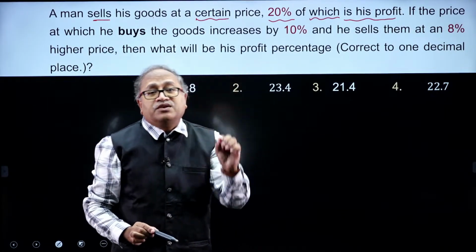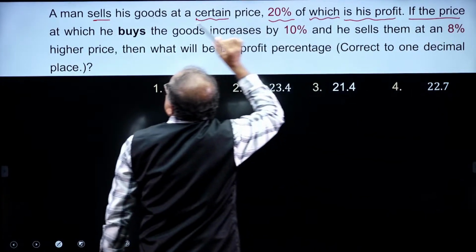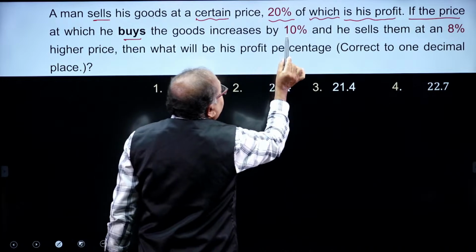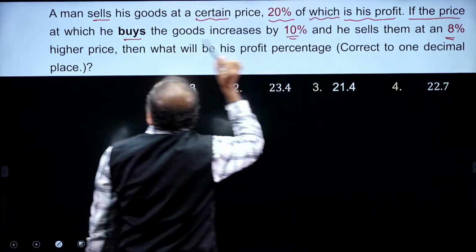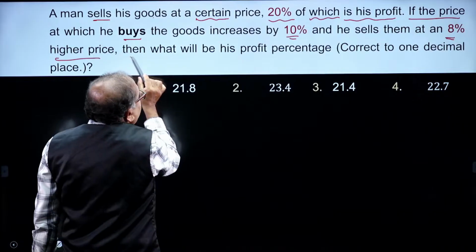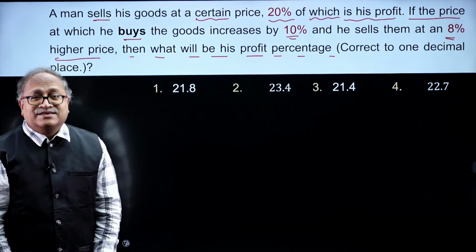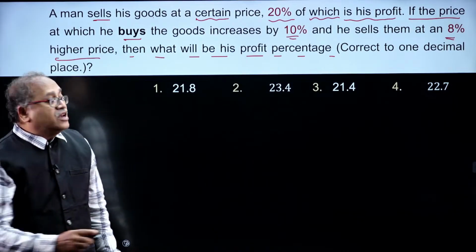Just be careful while you are reading the question in the exam. So, if the price at which he buys the goods increased by 10% and sells them at 8% higher price, then what will be the new profit percentage? Very commonly asked question, my dear friends, in all the examinations.